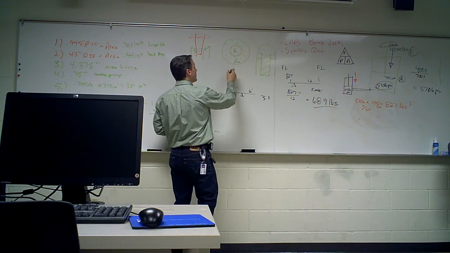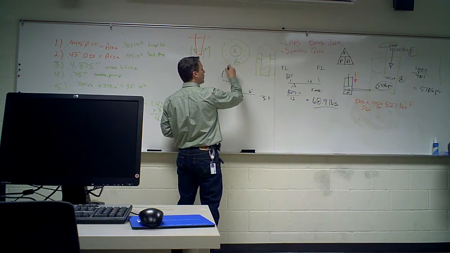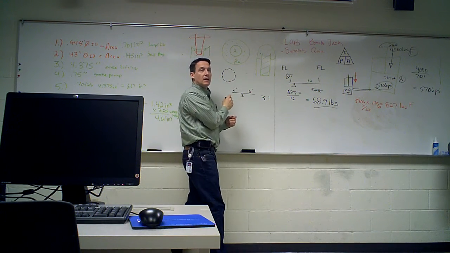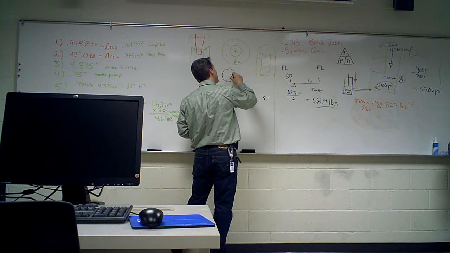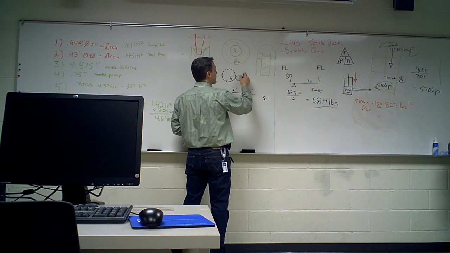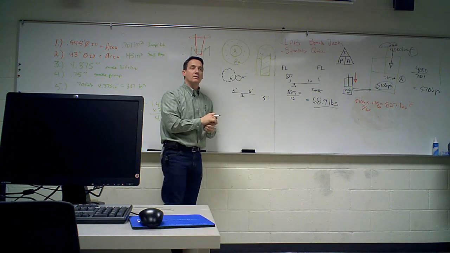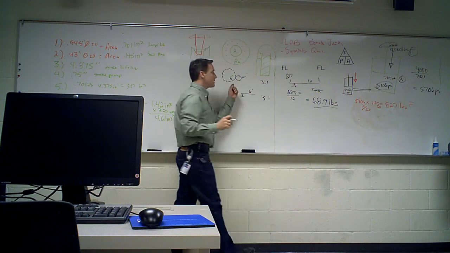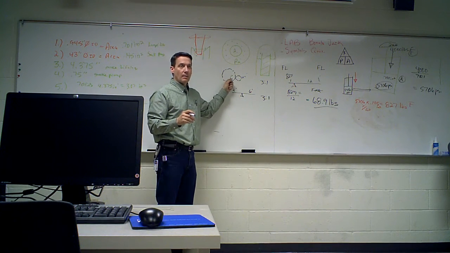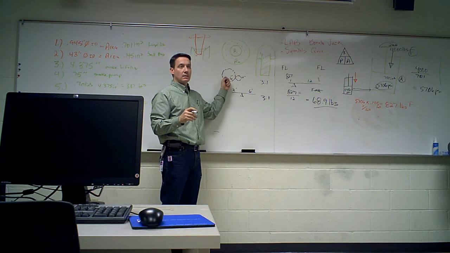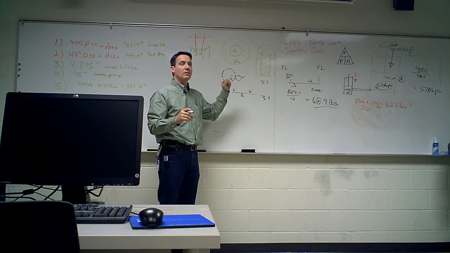If I have a gear or a pulley where the circumference around here is 6 inches, and the circumference of the mating gear is 2 inches, what's my mechanical advantage? 3 to 1. This is the way I can get this with a mechanical device in 2 different ways, with a lever or with a gear, sprocket gear, right? I can get this mechanical advantage.